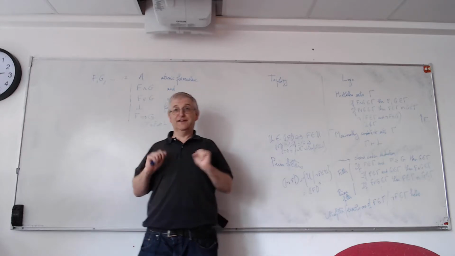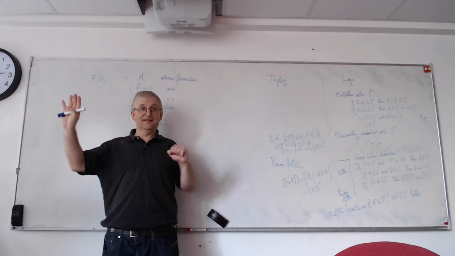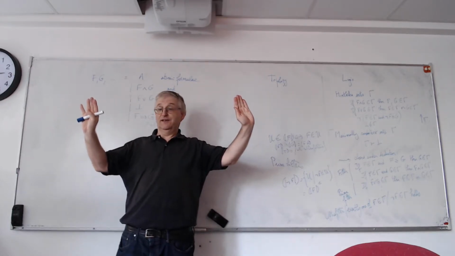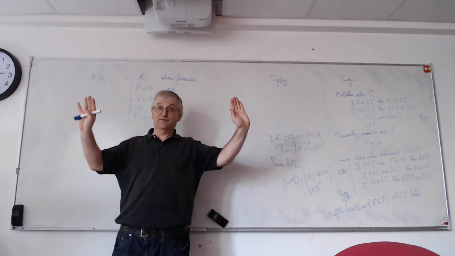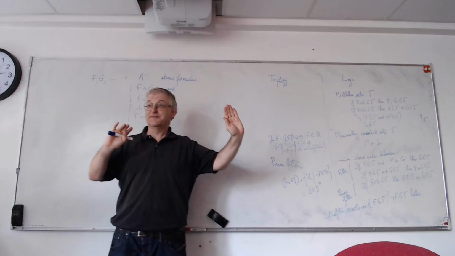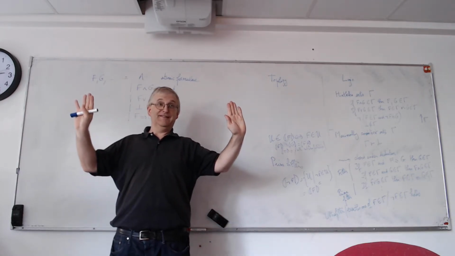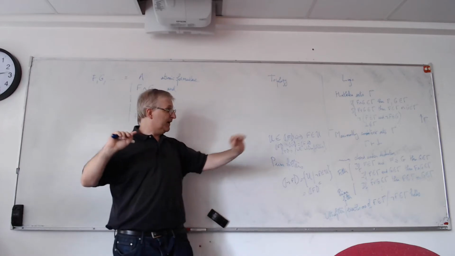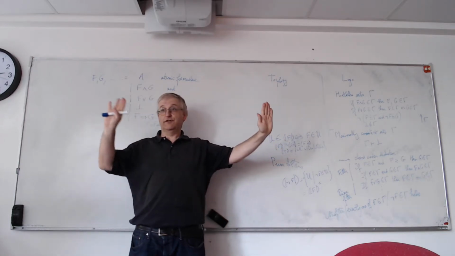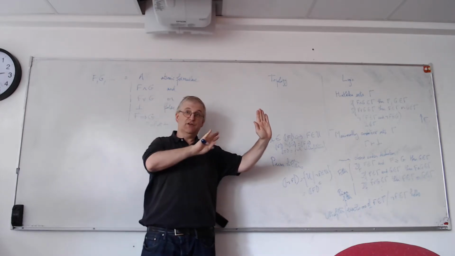So you have a category of Stone spaces and continuous maps, and a category of Boolean algebras and Boolean algebra homomorphisms, that is, homomorphisms that preserve absolutely every connective. And there's an adjunction. I've described how you can go from Boolean algebras, or even Boolean pre-algebras, to Stone spaces, and from Stone spaces to Boolean pre-algebras.